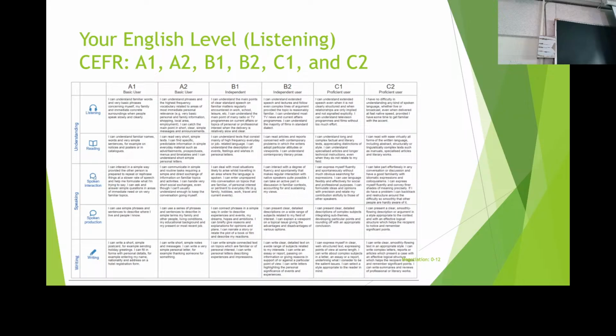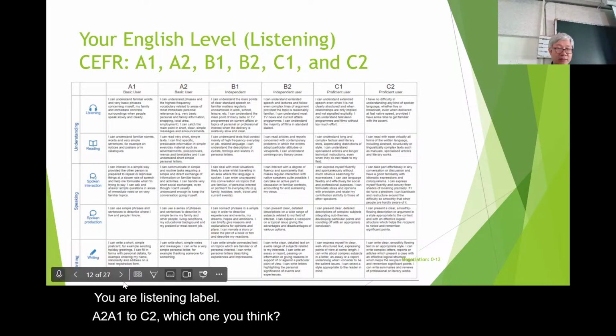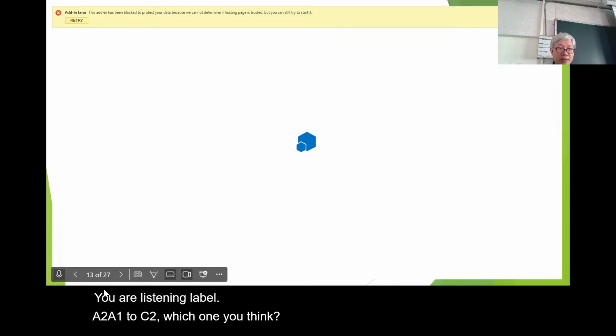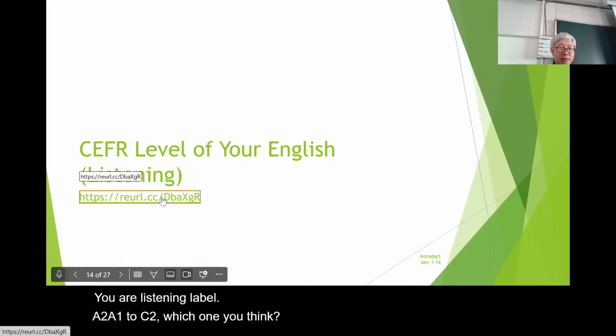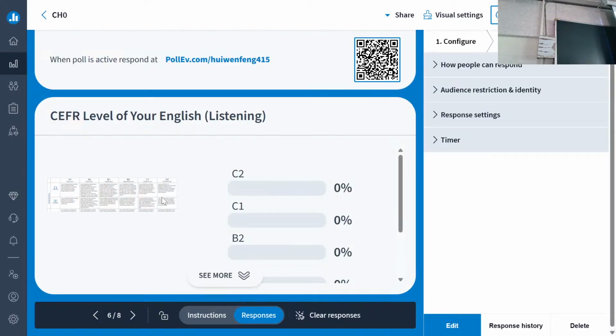Your listening level, A1 to C2, which one do you think? Alright, let me know. You should have your own level: A1, A2, B1, B2, C1, C2.